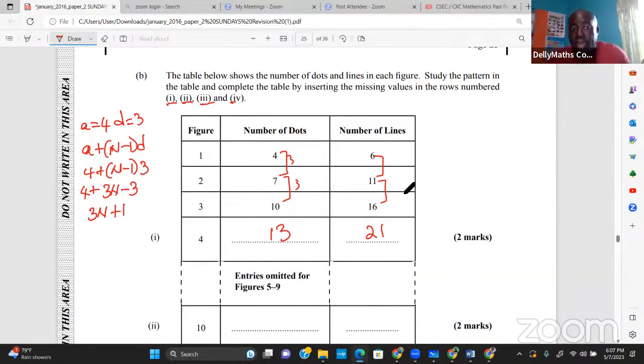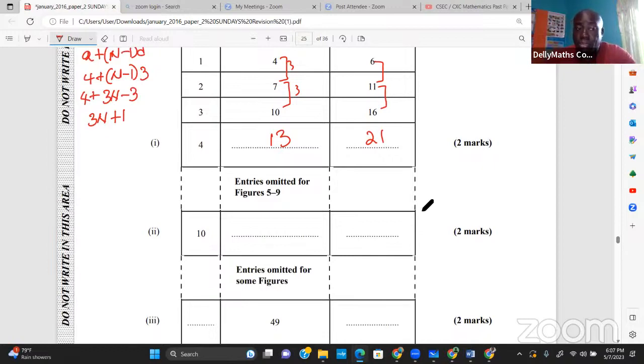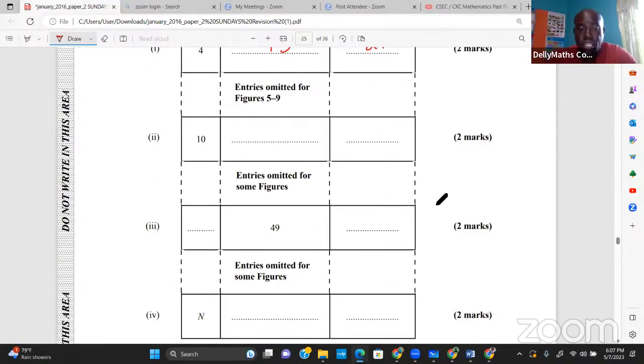So sometimes you might not figure out this quickly. 3n plus 1 goes here. This is saying 3n plus 1. So if I know anything in the figure column, 3 times it plus 1 takes me to this column. That's what this is saying.